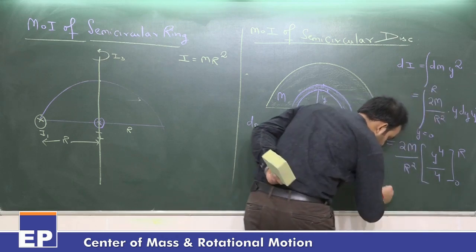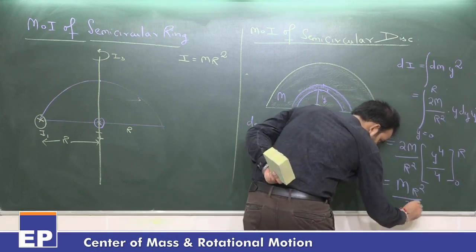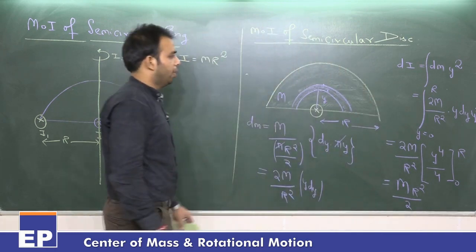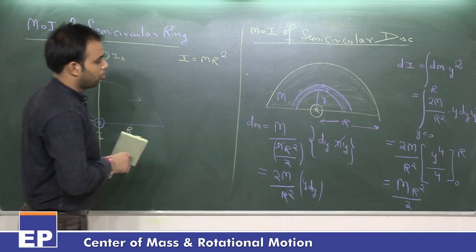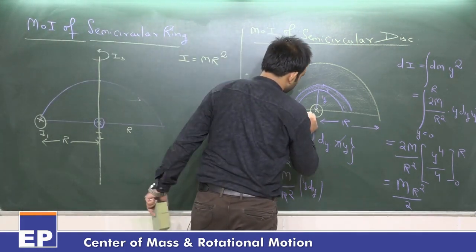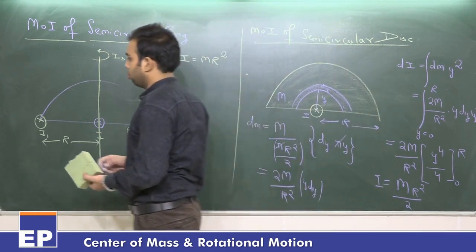If you put the limit, it will come out to be directly mr square by 2. So its moment of inertia about this axis is mr square by 2. Is it right? About this axis, its I value will come out to be mr square by 2.